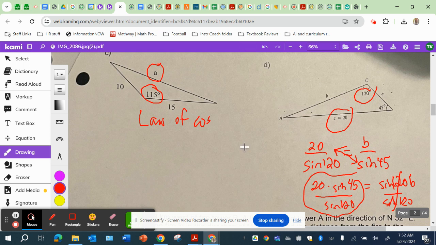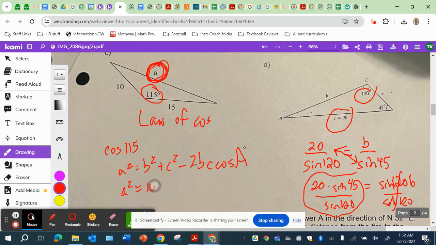For the law of cosines, I don't know which formulas you guys have. If you have it solved for cosine of your angle, use that. I think the law of cosines is a squared equals b squared plus c squared minus 2bc cosine A. We're trying to find a; whatever you're trying to find, you can call it a, and you can relabel if you want.